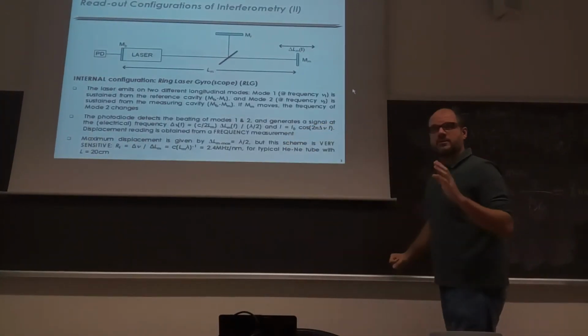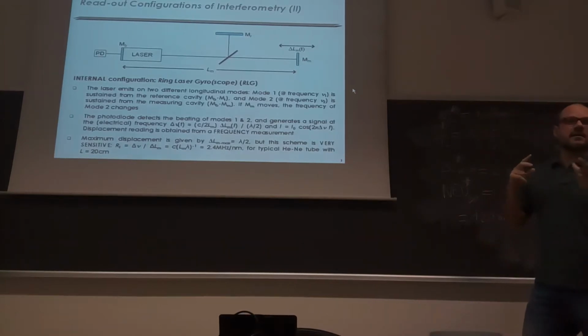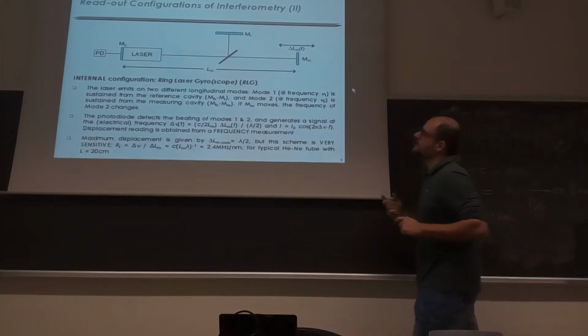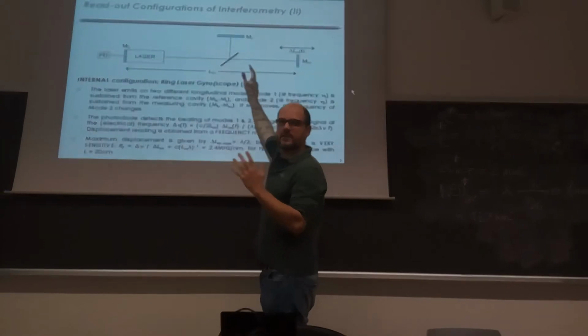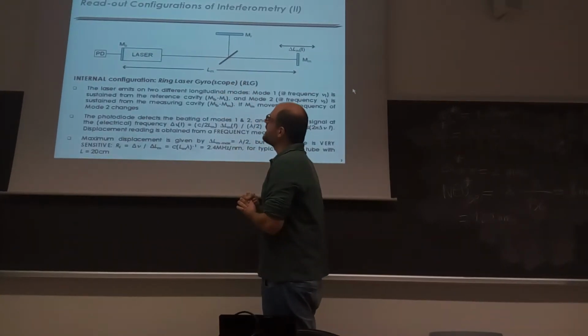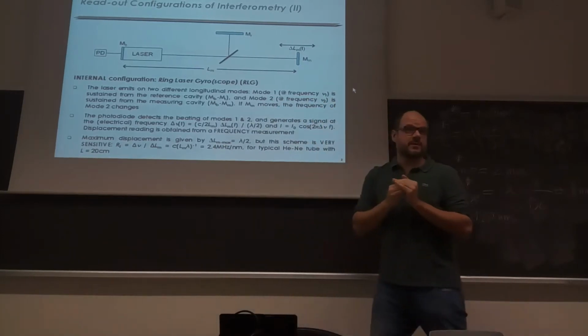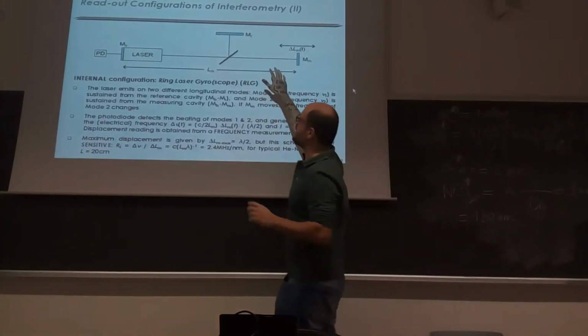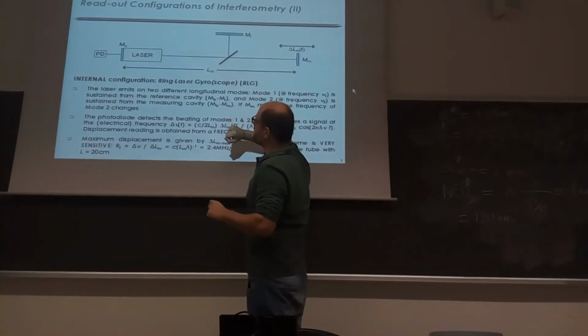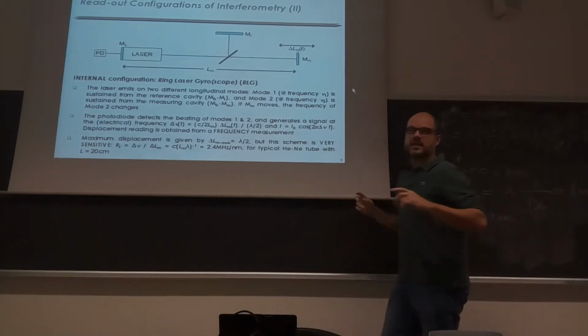There is another possible configuration, which is the internal one. What does it mean? That now the laser itself can have the interferometer internally. This is what we can find, not exactly this setup but more or less the same, in the ring laser gyroscope.